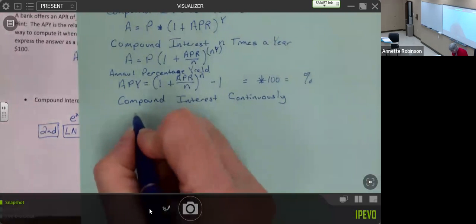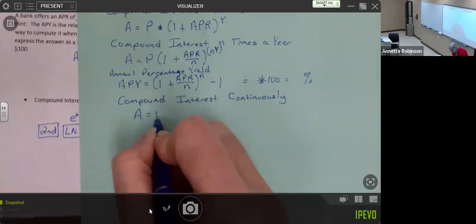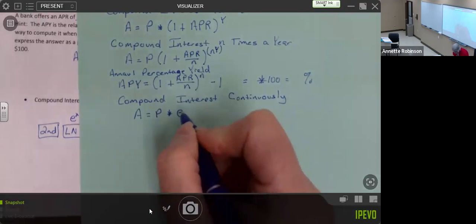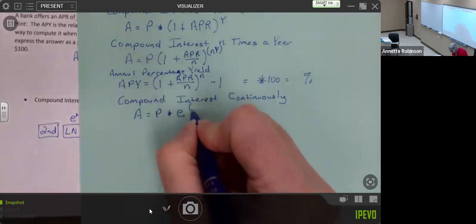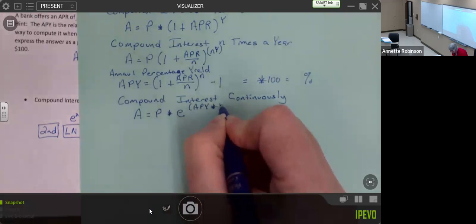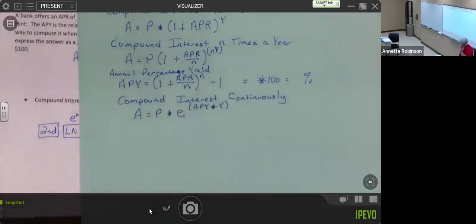And it was A equals P times the natural base E, you call it Euler's E, raised to the APR times the years. I like the second LN, but you are correct, Gabe. I could have used the divide sign, second and divide.